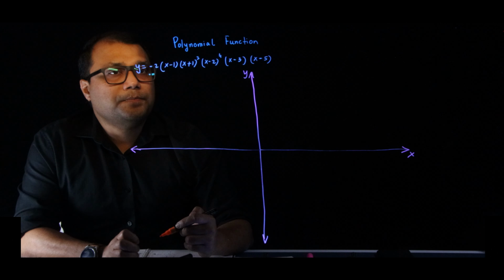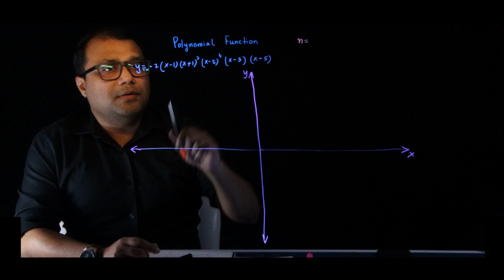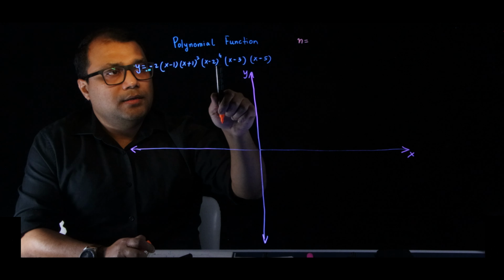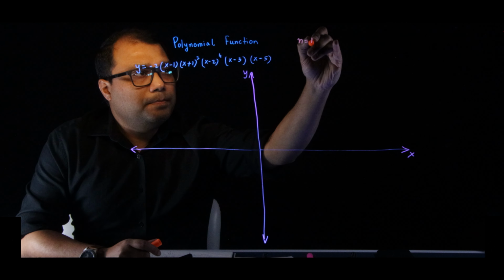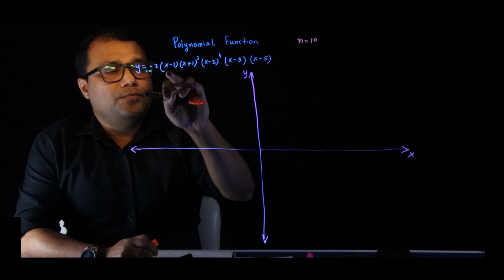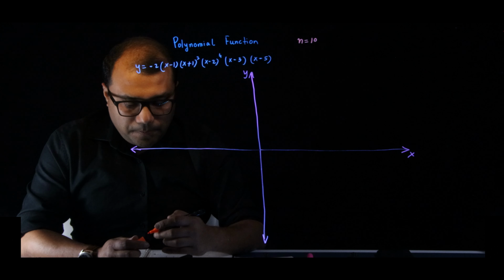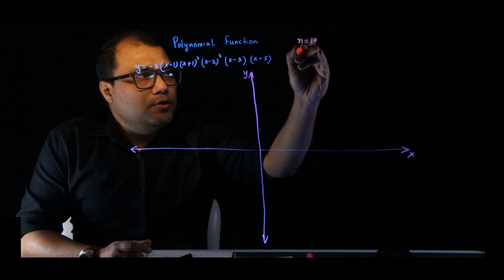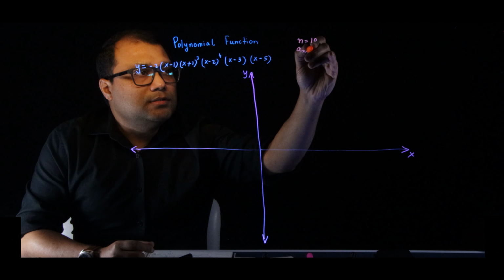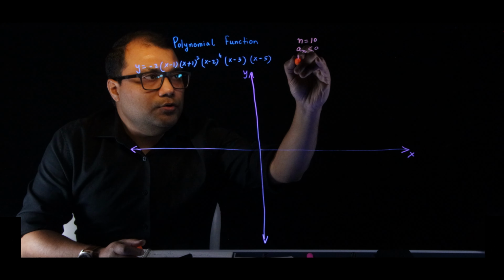First things first, what's the order of this polynomial? 1 plus 3, 4, plus 4, 8, 9, 10. Am I right? 1 plus 3, 4, 4 plus 4, 8, 9, 10. What's the leading coefficient? It is less than 0. What are the roots?